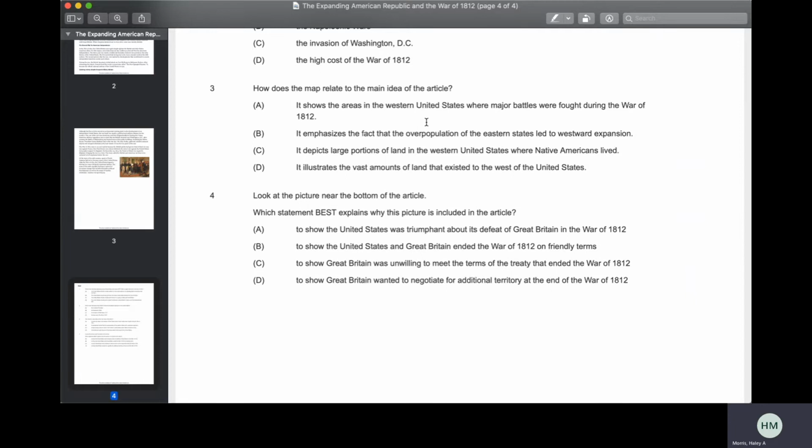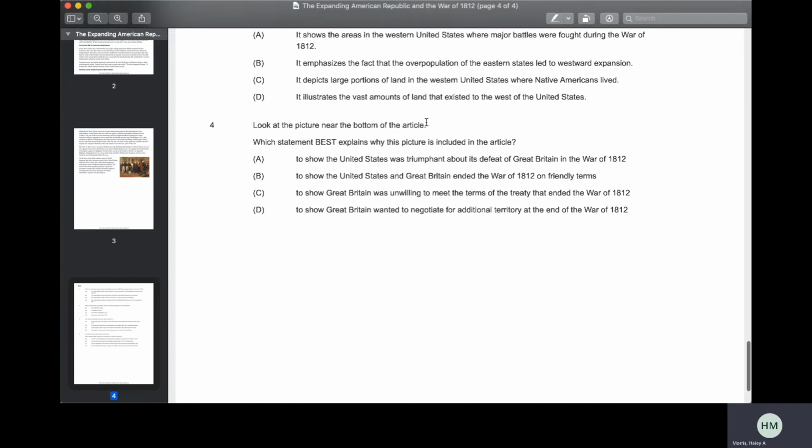It shows areas in the western United States where major battles were fought during the War of 1812. It emphasizes the fact that overpopulation of the eastern states led to westward expansion. It depicts large portions of the land in the western United States where Native Americans lived. It illustrates the vast amounts of land that existed to the west of the United States.